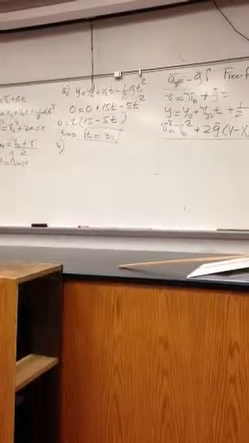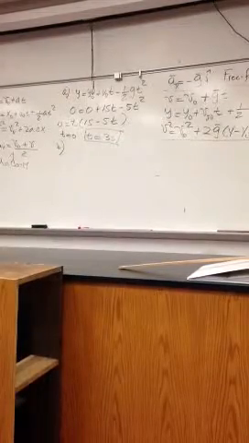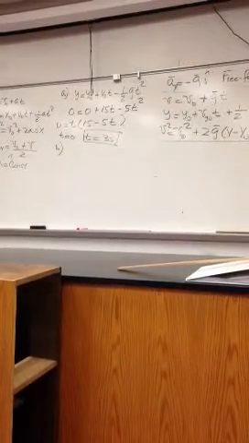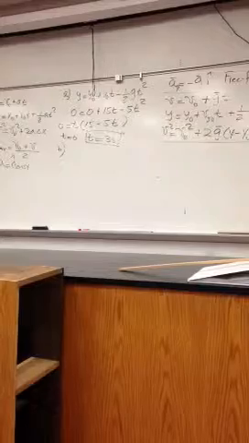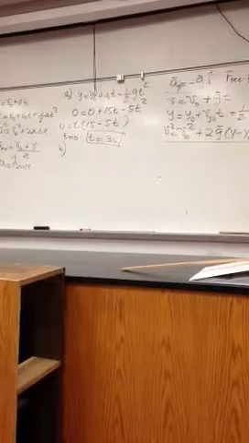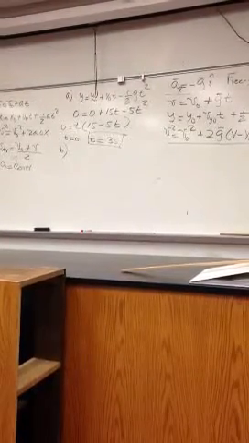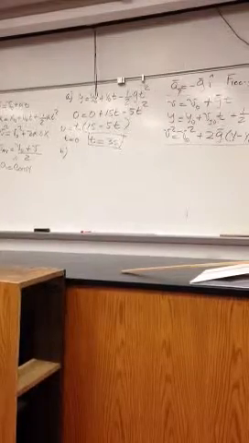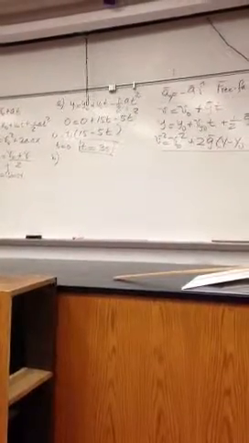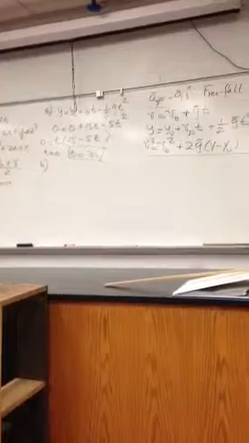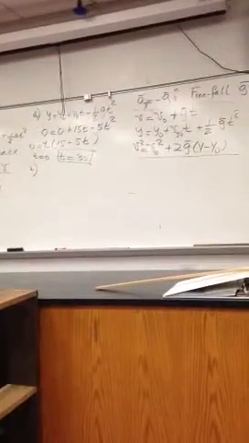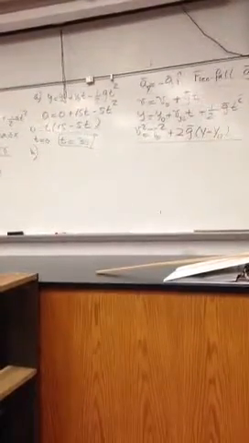So what is the relationship you have to establish? I have velocity and position. The first, the second, or the third equation? The third, velocity and position. I don't have time. At the maximum height, I don't have the time.